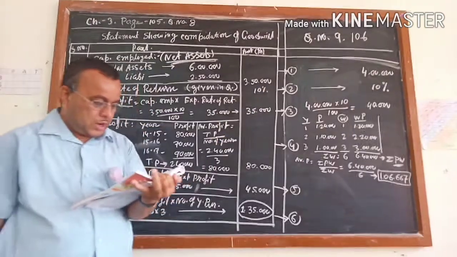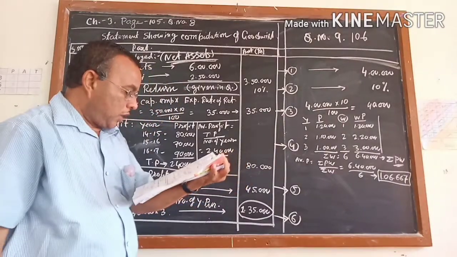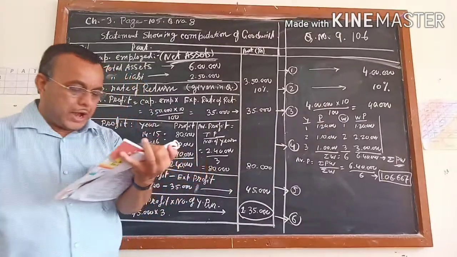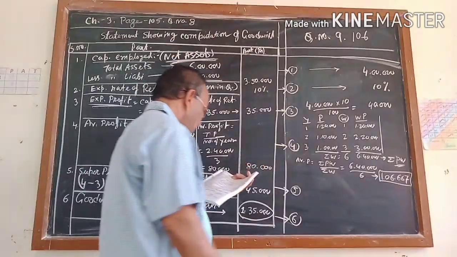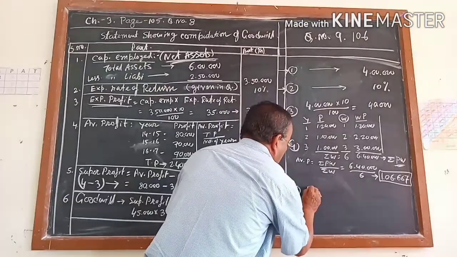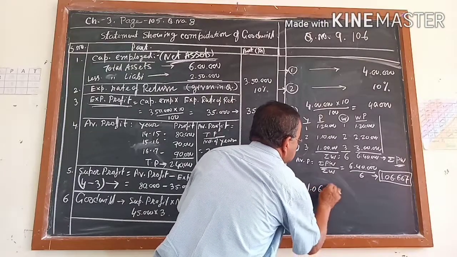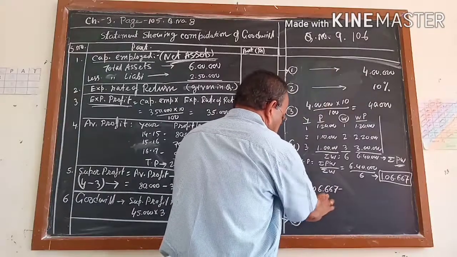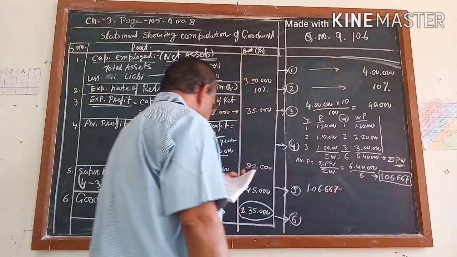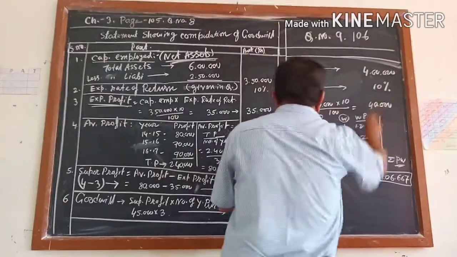So I think some of you understood. Fourth step done. Now fifth step. Fifth step is equal to what? The super profit is equal to average profit minus expected profit. Average profit, how much did you get? 1,06,667. And in the previous step, how much did you get?